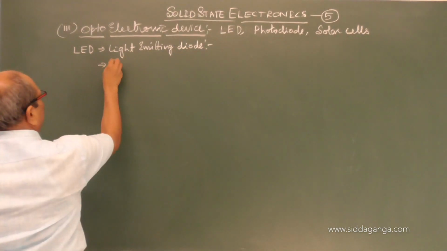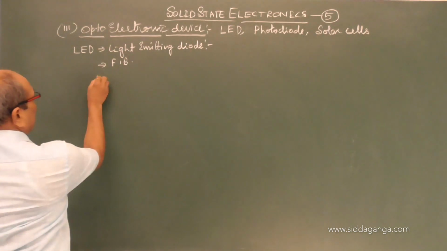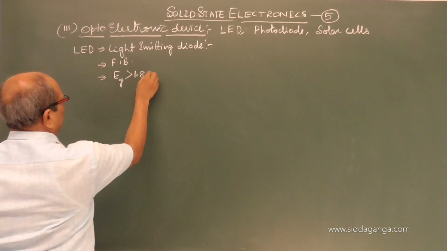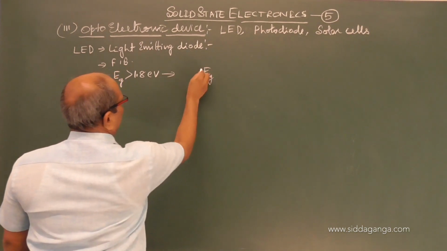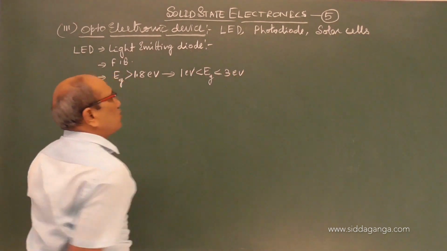So it is kept under forward bias. Under forward bias, the energy gap that I explained must be more than 1.8 electron volt, but we are having LEDs with an energy gap of 1 electron volt to 3 electron volt.